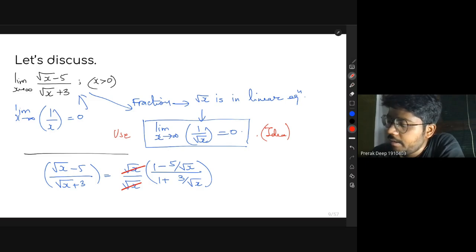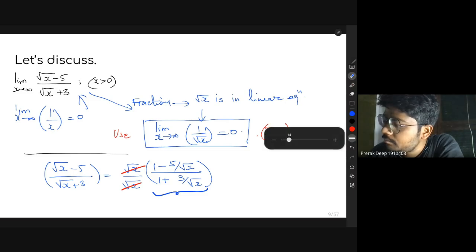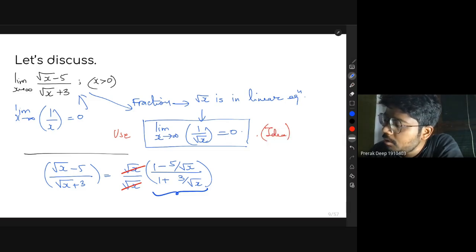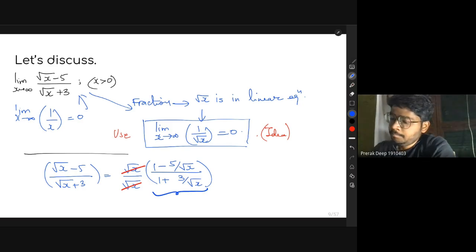Now you can cancel the square root terms, and what you are left with is this part. In this part you need to calculate the limit.